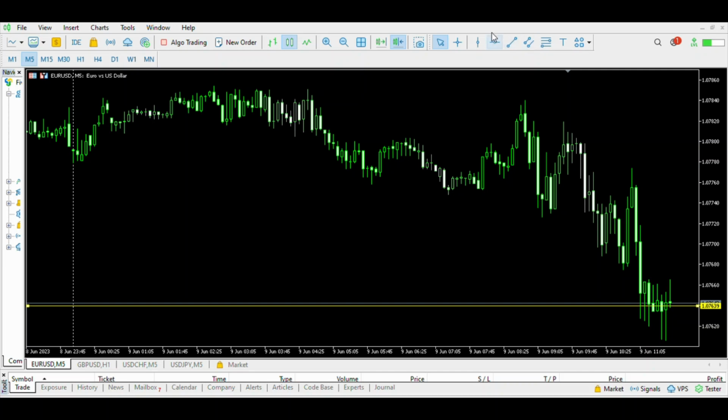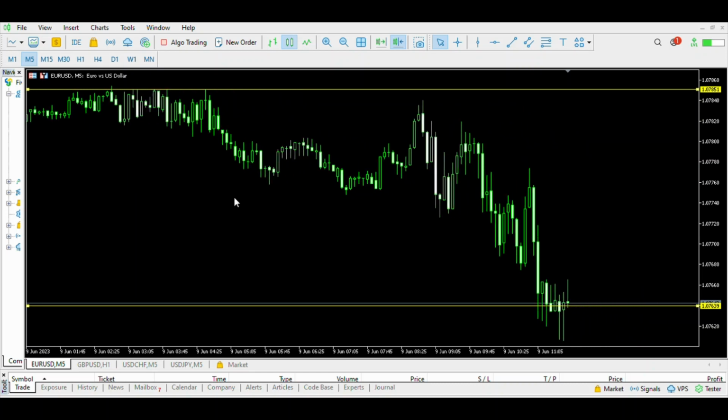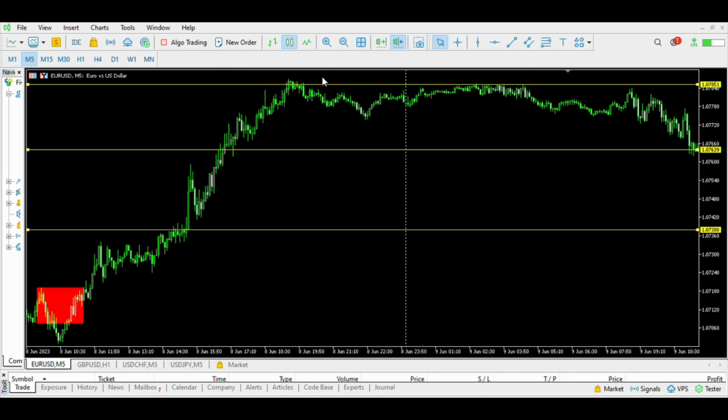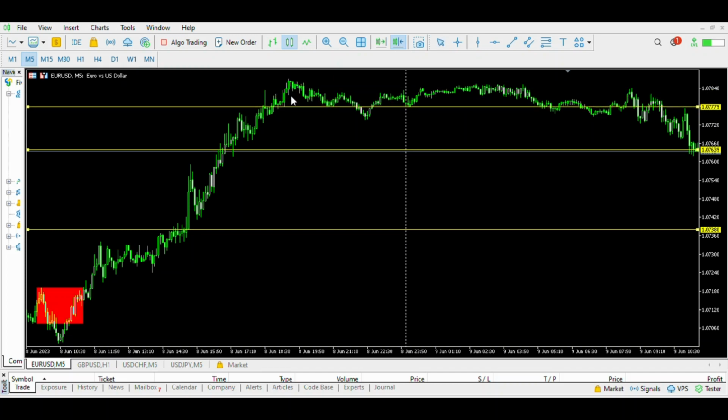So for me, that's important, because if you zoom out, you can see it respected yesterday's high. So we have our breaking structure there. That was our uptrend, and it slowed down here and it broke structure.